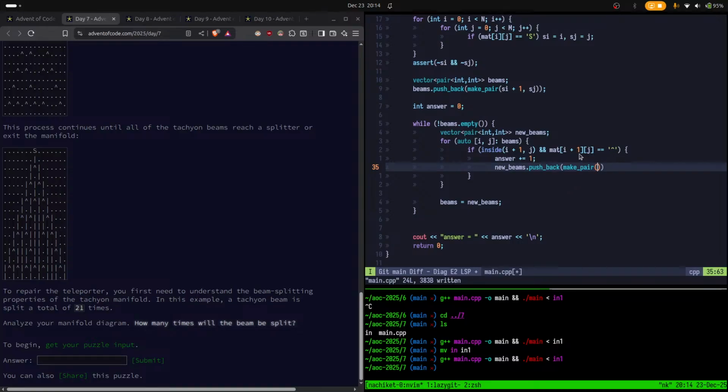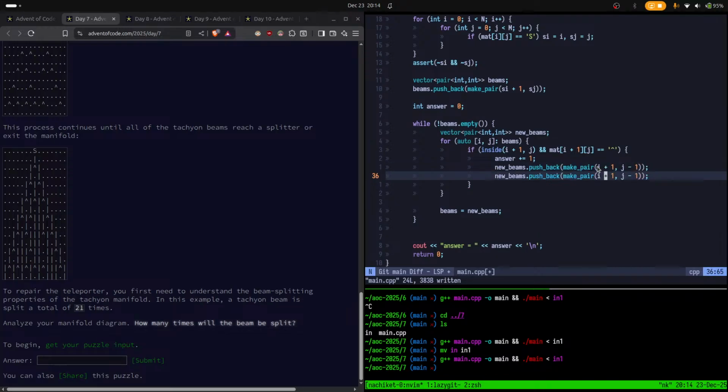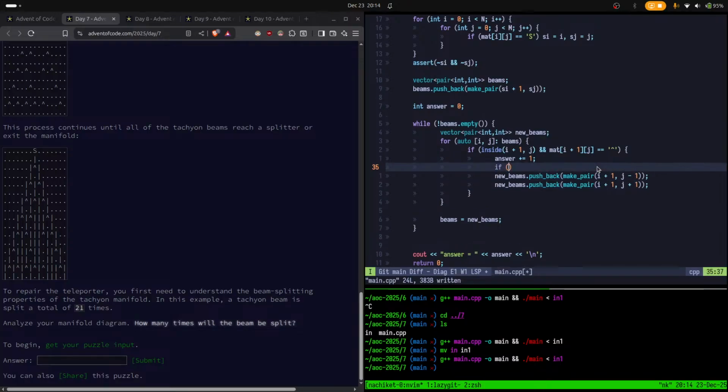This is i plus one, beam at i, j, and if particular.